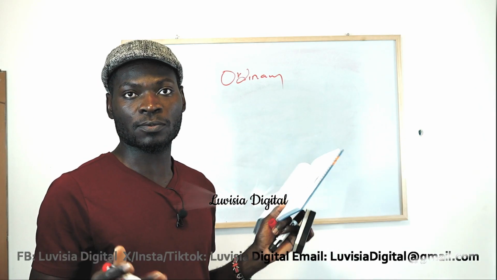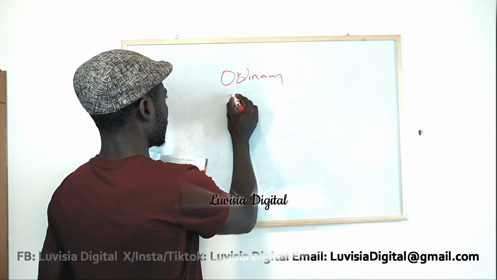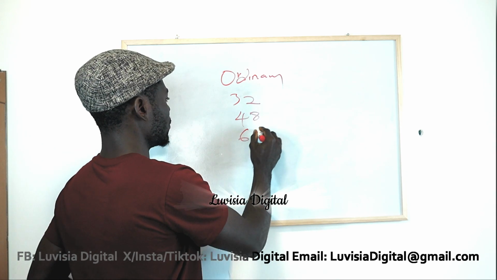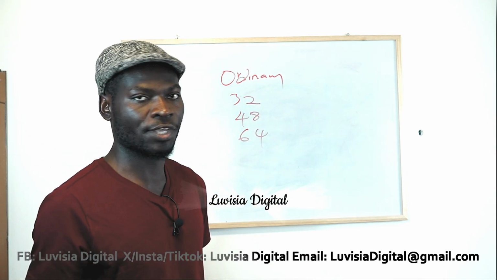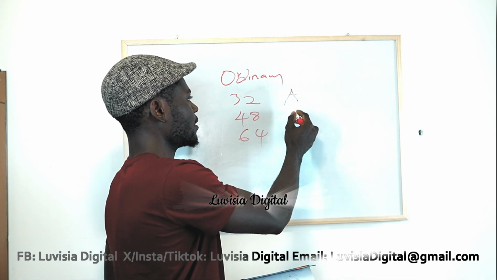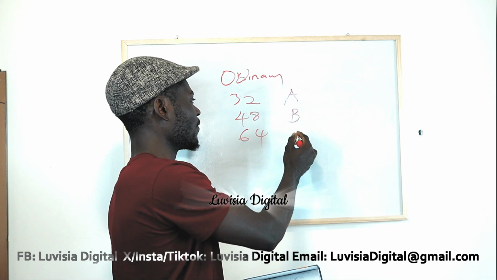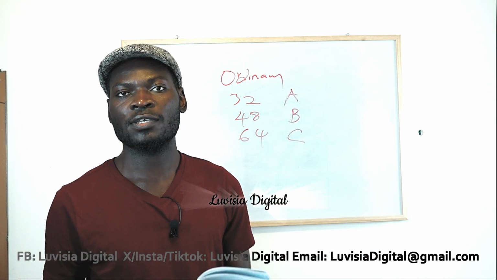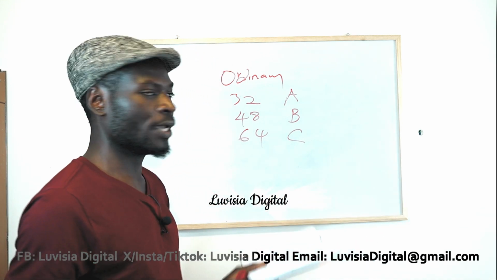For this type of passport, we have three categories. We have the 32, 48 and 64 series. This one is the 32 A series, this one is the 48 B series, and the 64 C series. They have different fees for the application.